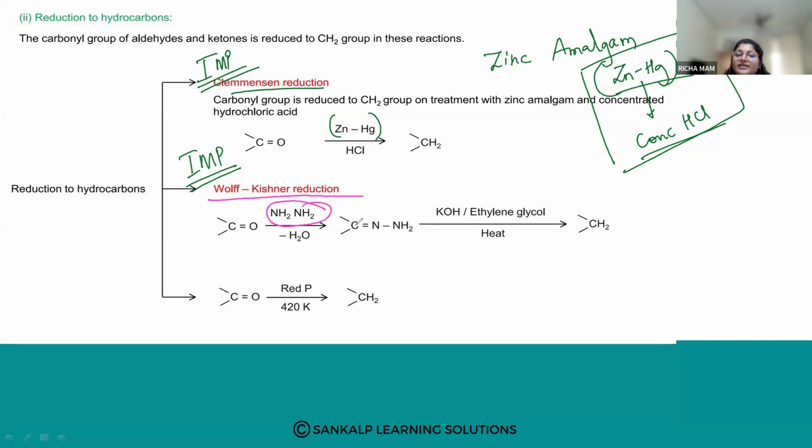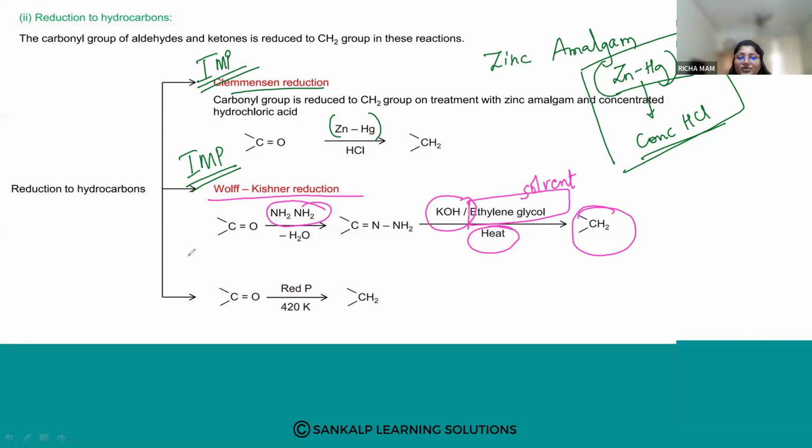We are making use of hydrazine, NH2NH2. Again, we can take either an aldehyde or a ketone and treat it with hydrazine, followed by heating with sodium hydroxide or potassium hydroxide, using ethylene glycol as the solvent. We are going to get a hydrocarbon.